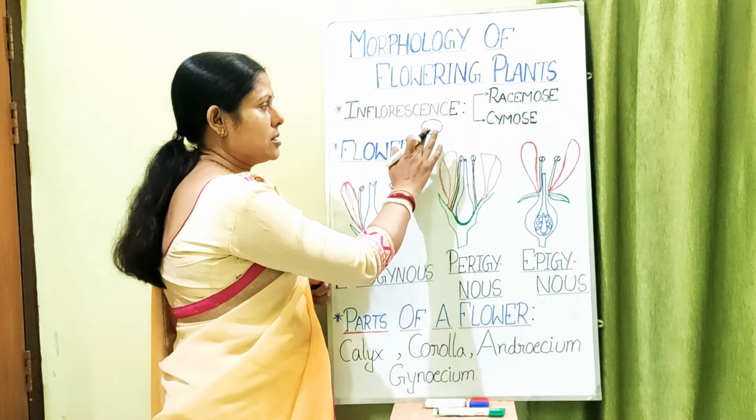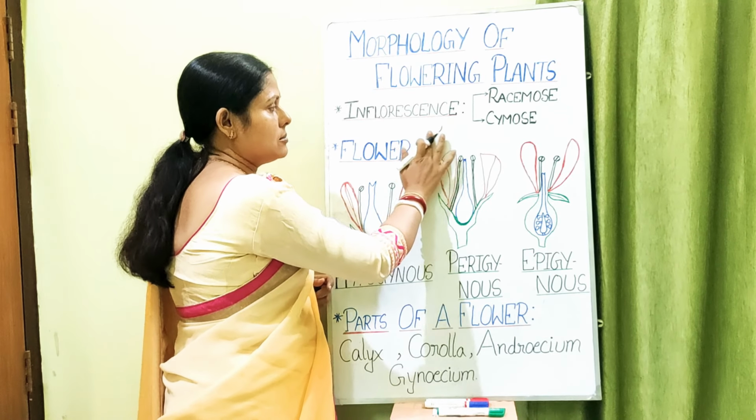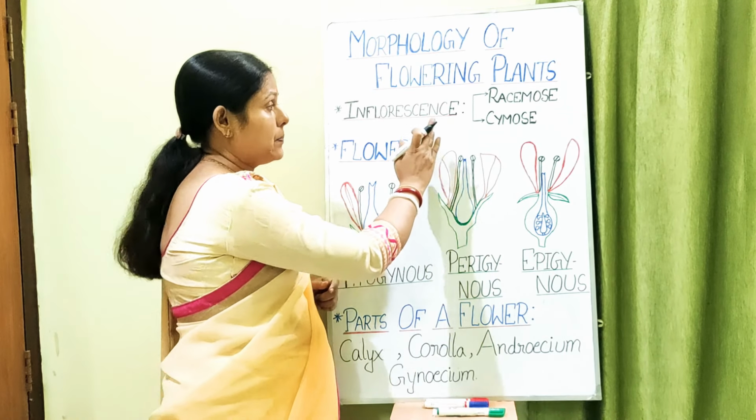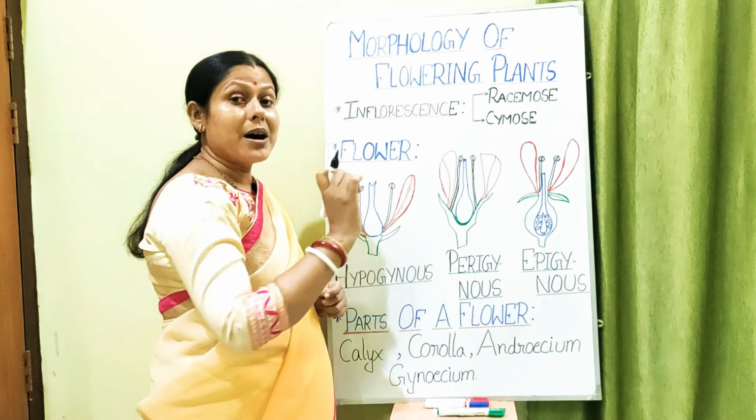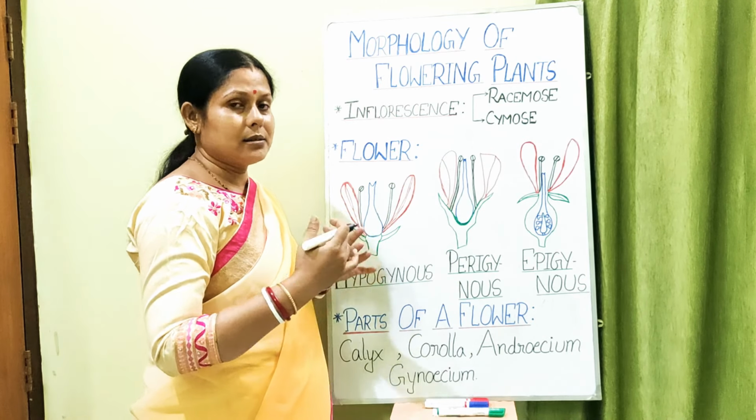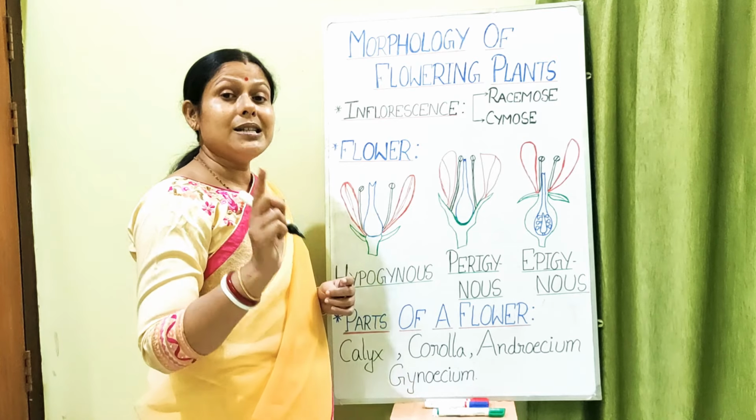In case of twisted, there will be overlapping of the margins of either the calyx or the corolla, but in one direction.